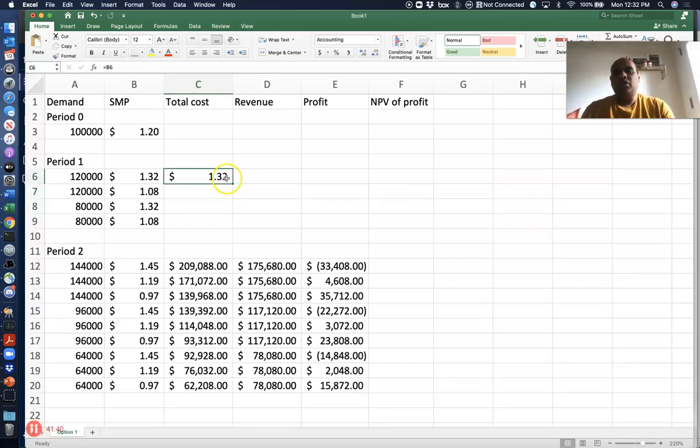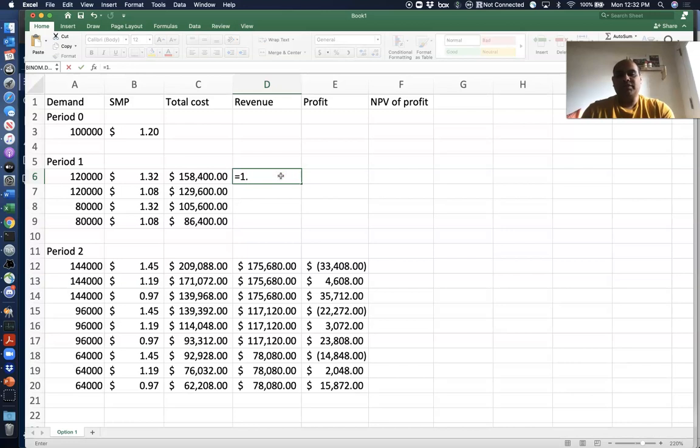So total cost is $1.32, the spot market price, times the demand. It's the same because we are buying everything from the spot market. And again, revenue is also similar. You make $1.22 for the $120,000.